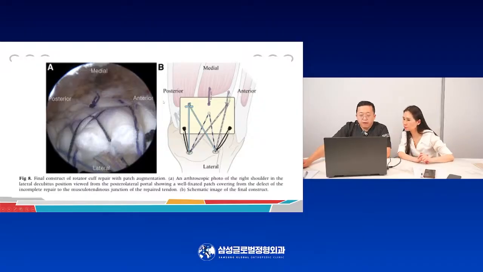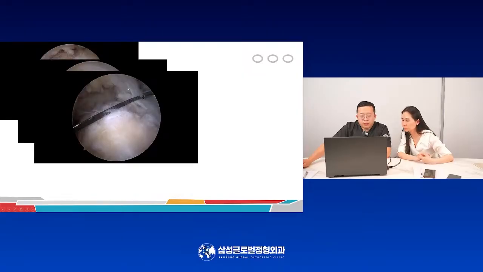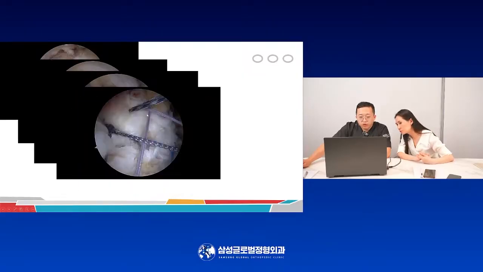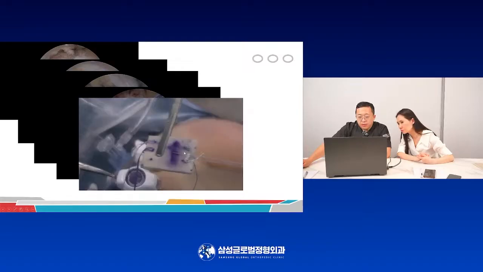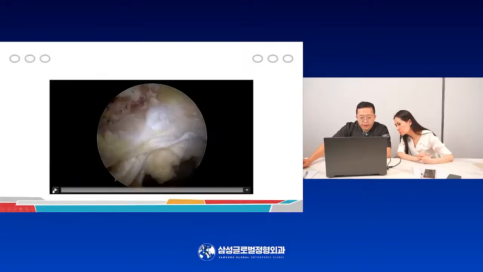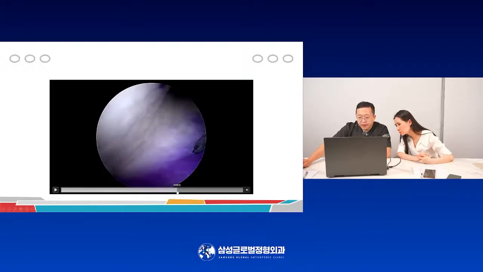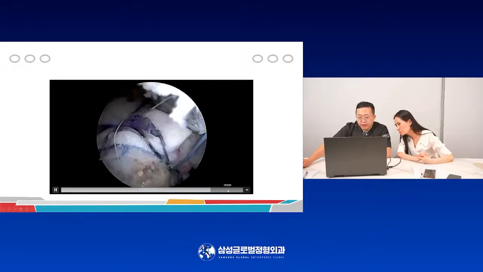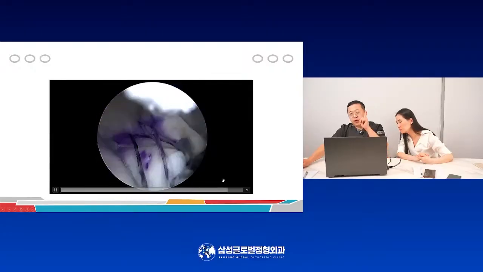With that, the cuff could be firmly fixed in the right way. So this kind of massive tear could be fixed with partial repair also. We can fix that, coupled with the patch over the defect site.